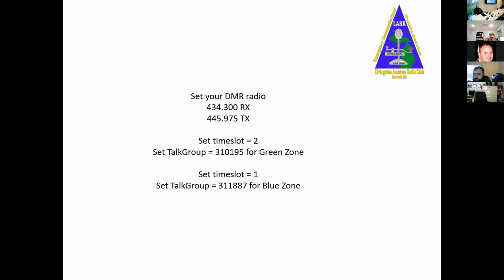Now there are 2 different kinds, like Rod held up, the simplex and the duplex. The duplex ones, if you're going to build one on a duplex board, please use a Pi Zero 2. Because the Pi Zeros, Rod has not had any problems, but a bunch of our members have.